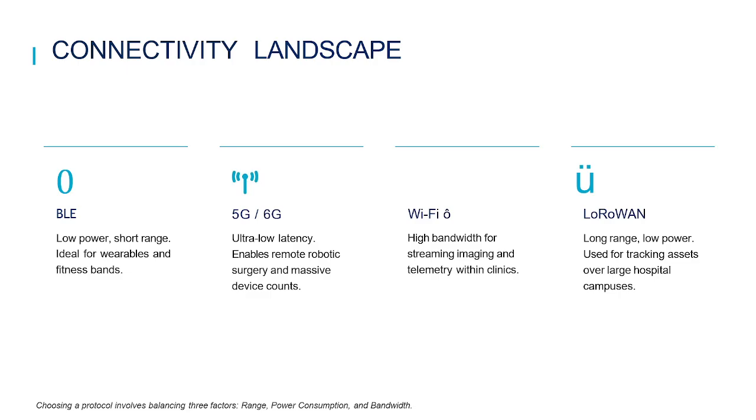Wi-Fi, which provides higher bandwidth, is commonly used inside the hospital for imaging systems and patient monitoring networks. 5G and future 6G technologies offer ultra-low latency communication, making advanced applications such as robotic surgery and autonomous emergency systems possible.